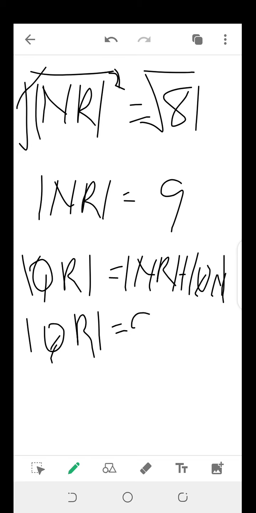So we write the 9 here, plus our QN was 5. So now our QR is equal to 9 plus 5, which is 14.